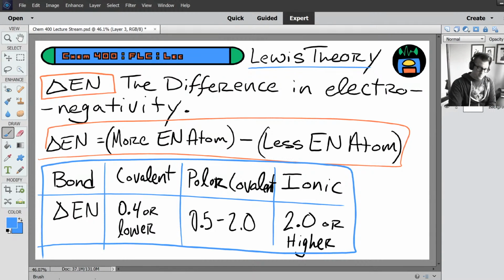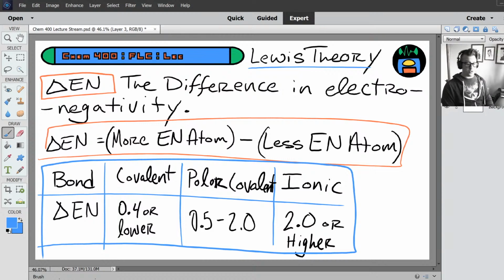I wanted to introduce the idea of electronegativity now, because we're about to start talking about ionic Lewis structures for ionic compounds, as opposed to Lewis structures for covalent compounds.